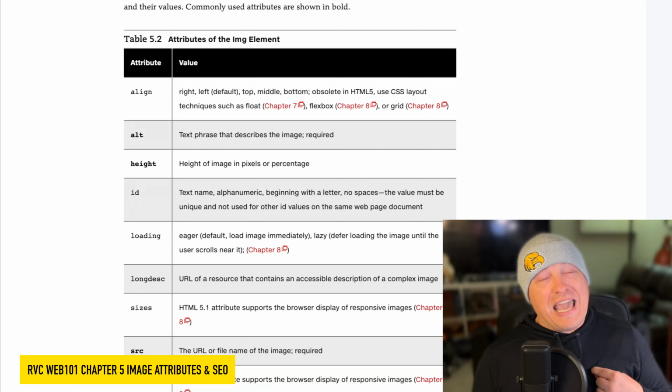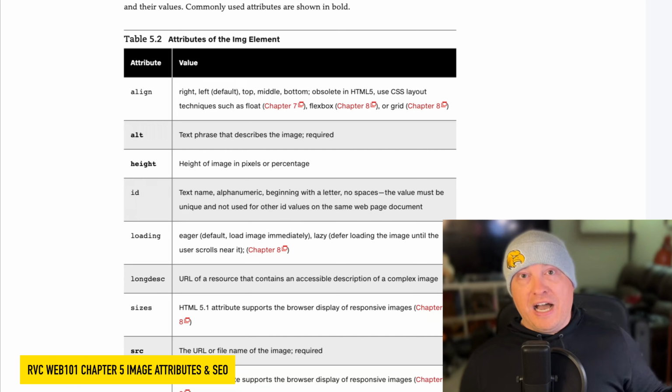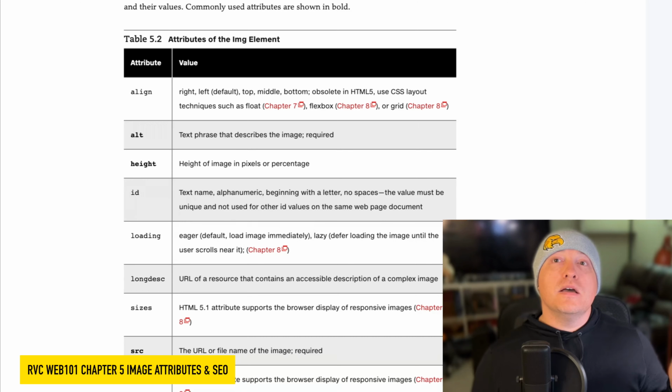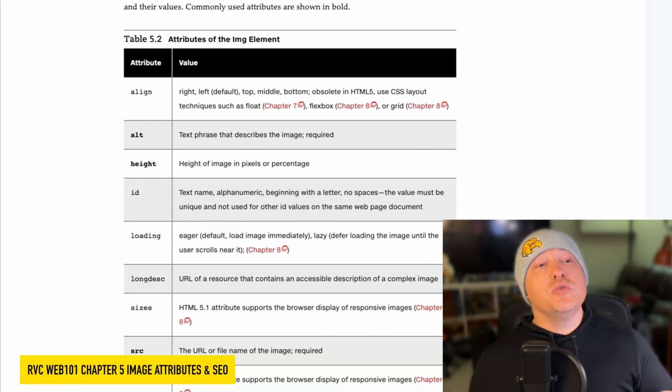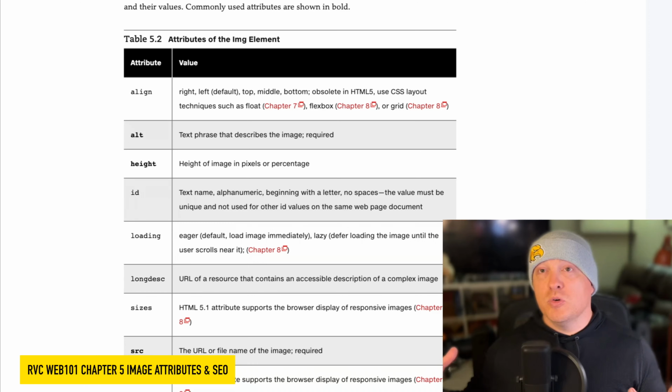So what's happened over time is Google has said, look, I, being Google, will no longer even include in search results pages that do not have alternate image text descriptions, because it is not good for individuals with disabilities, people who have vision impairments, things of that nature.